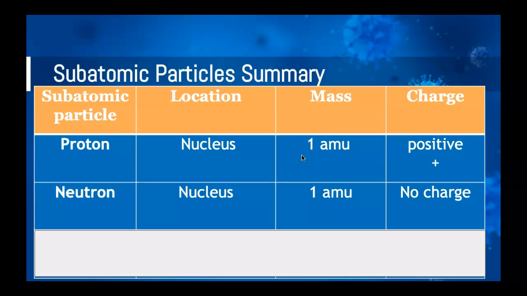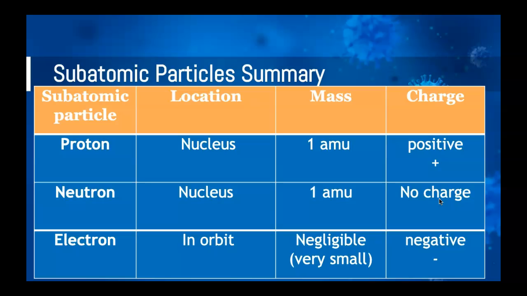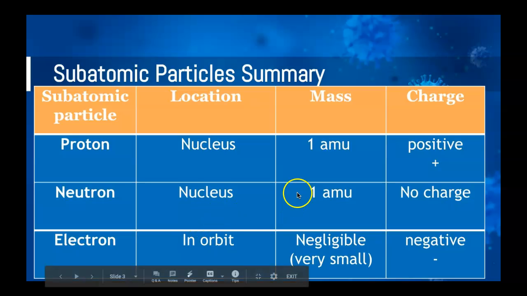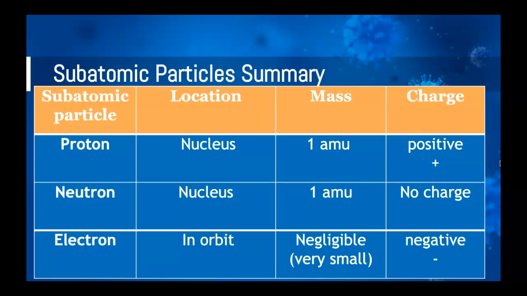Neutrons, also found in the nucleus, conveniently have the same mass as a proton, so we also say they have a mass of 1 atomic mass unit. And neutrons, neutral, have no charge. Electrons are found in orbit, or in orbitals, or in electron shells. Their mass is so small that we basically consider it 0 compared to the proton and the neutron.